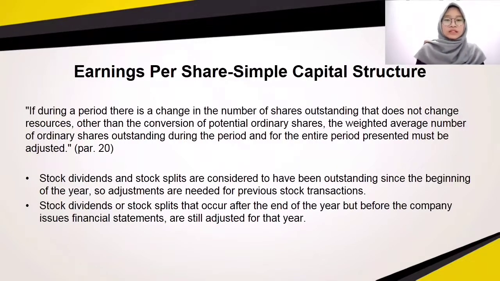Stock dividends and stock splits are considered to have been outstanding since the beginning of the year, so adjustments are needed for previous stock transactions. Stock dividends or stock splits that occur after the end of the year but before the company issues financial statements are still adjusted for the year and the previous year if there is comparative information.